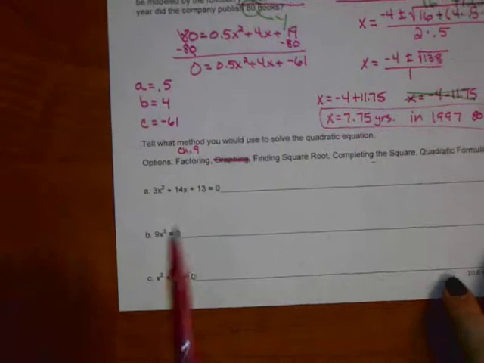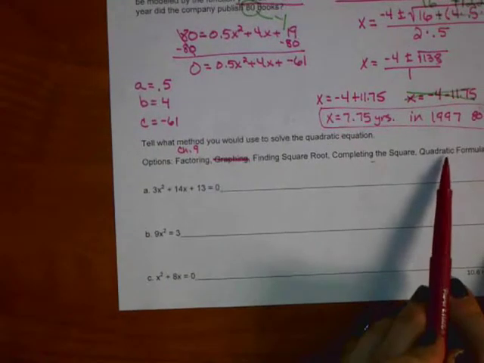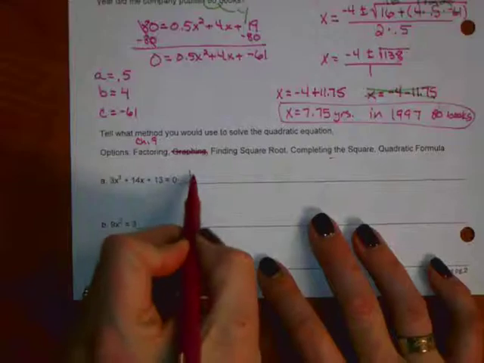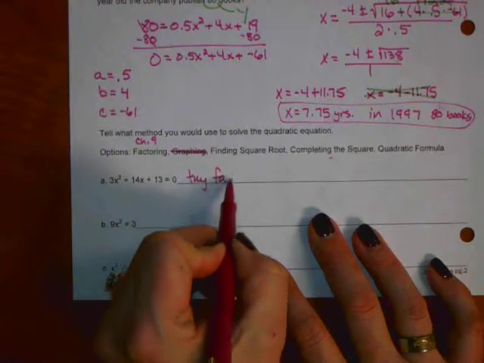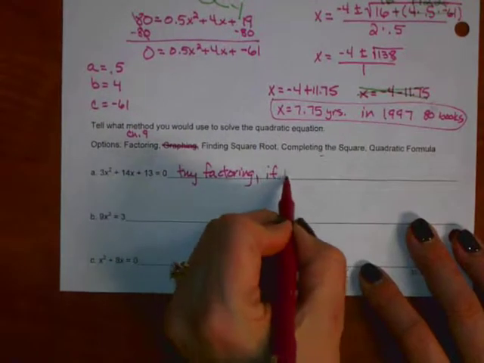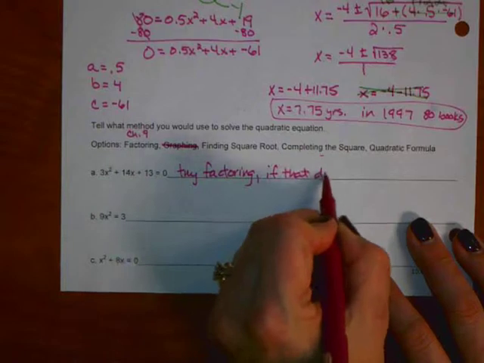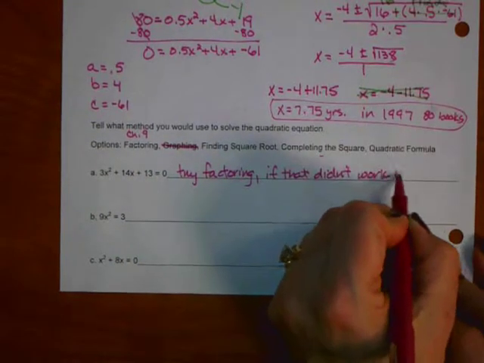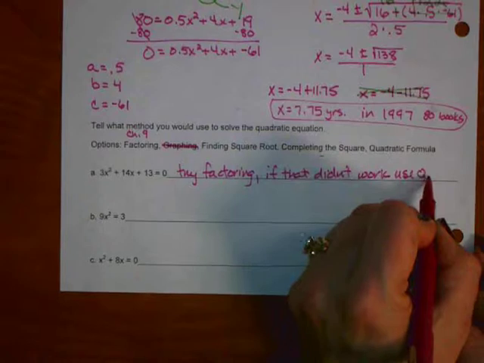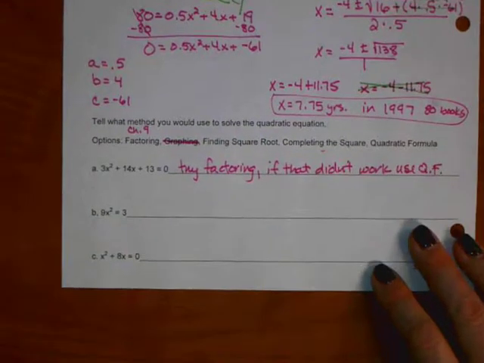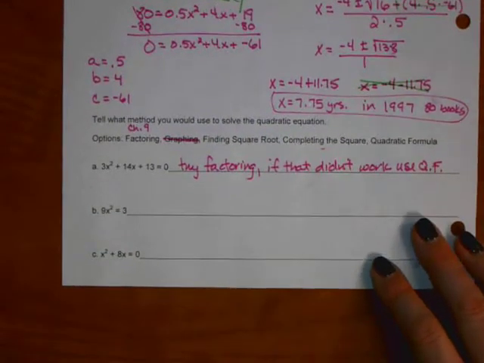Or I could always do what? Always, for anything you can do the quadratic formula. So I could try factoring. If that didn't work, then you would use the quadratic formula.